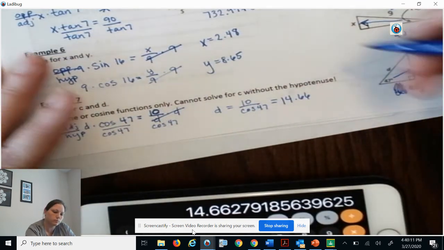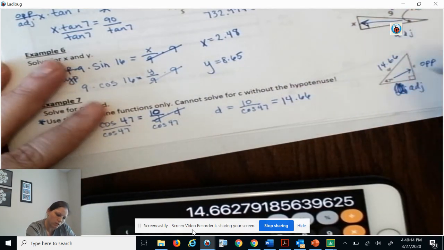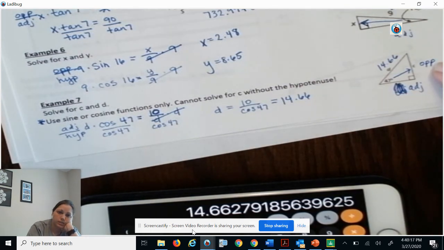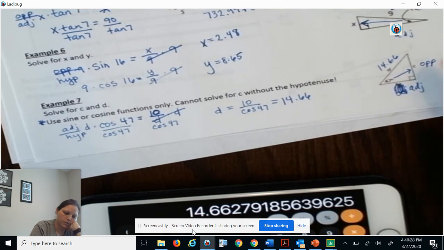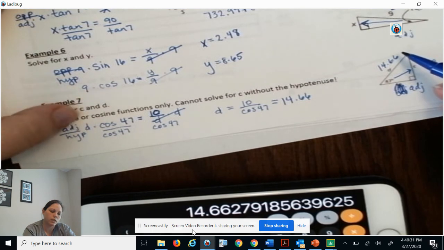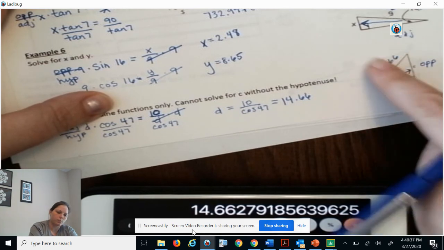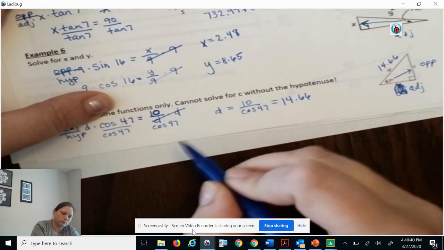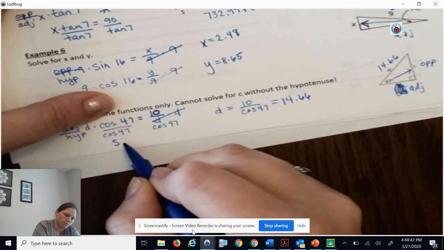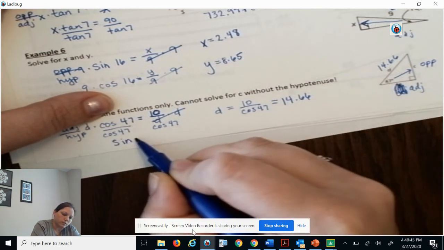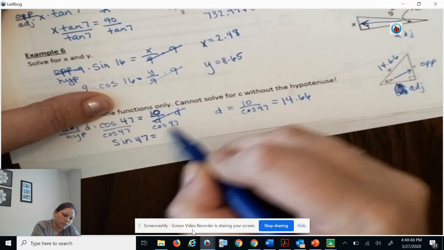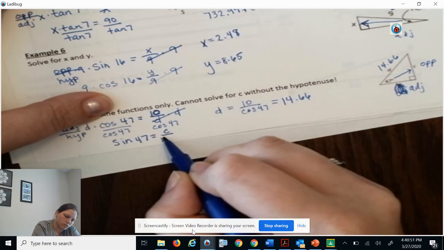Okay, now we're rounding. Okay, now to find C with sine and cosine only, right? We're going to have to break our rule and use this rounded number to find C. So C is our opposite, and it wants us to use sine and cosine only, so we have to use this hypotenuse. So opposite and hypotenuse, which means we're using sine of 47 equals the opposite was C, hypotenuse was 14.66.